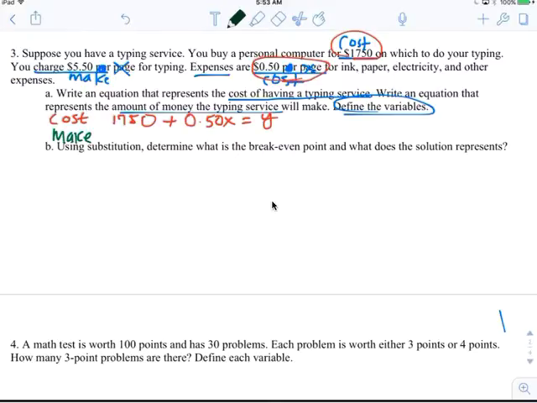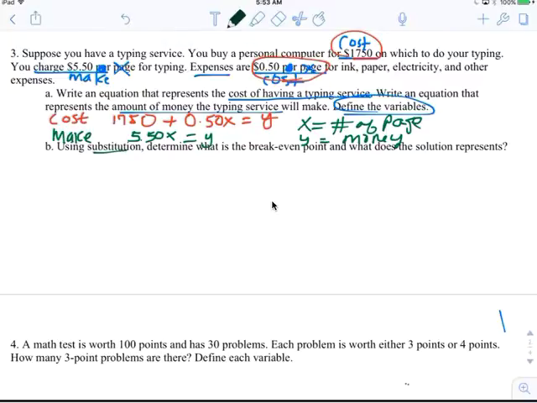She's going to charge $5.50 per page, and that's her total income. So x represents the number of pages, and y represents the money that she'll make, or the money it costs her. Okay?